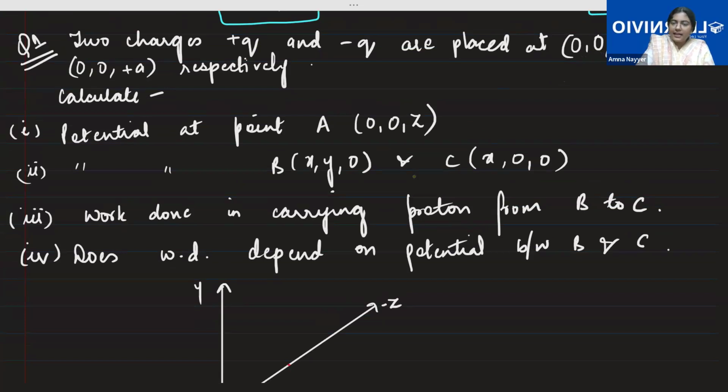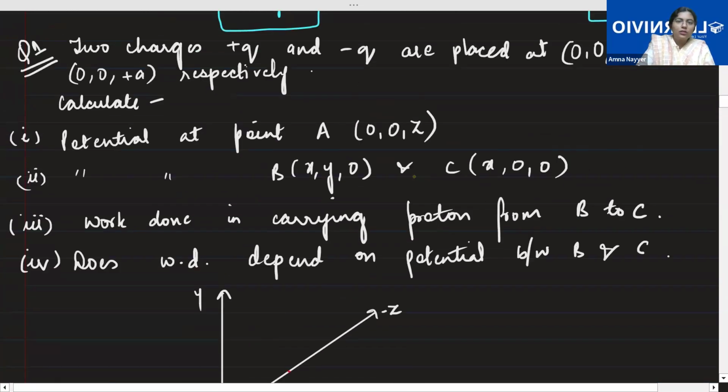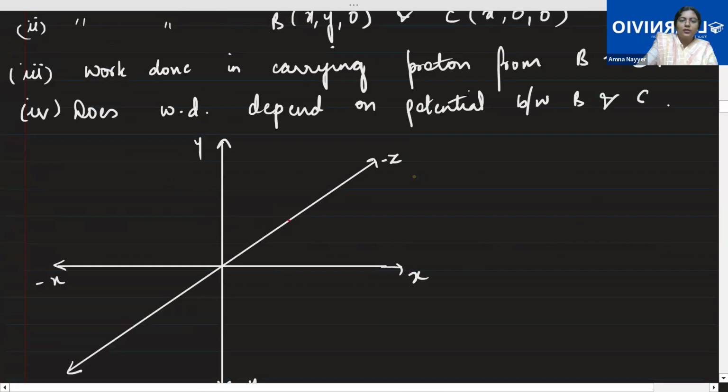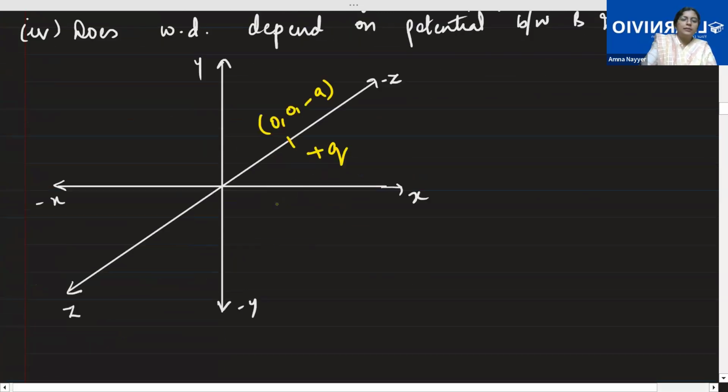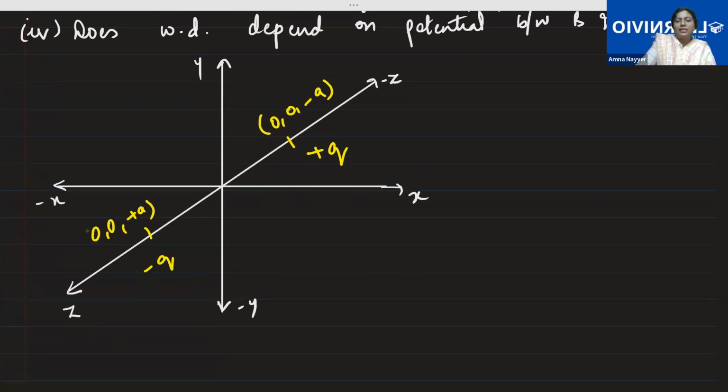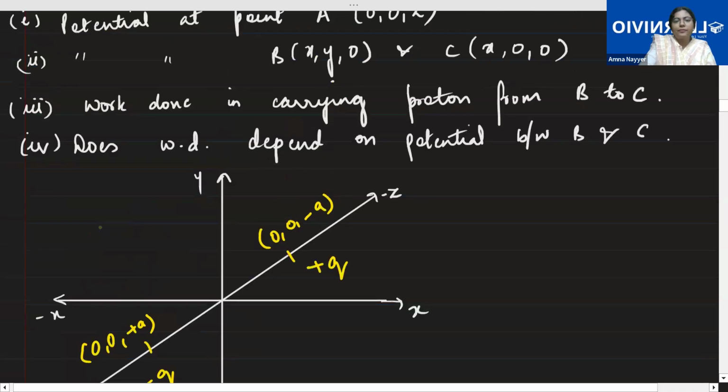So this will be plus q, and similarly here this will be minus q, that is 0, 0, plus a, as per the question.